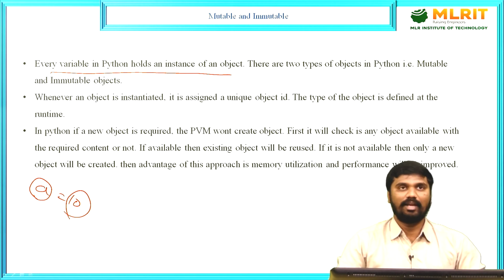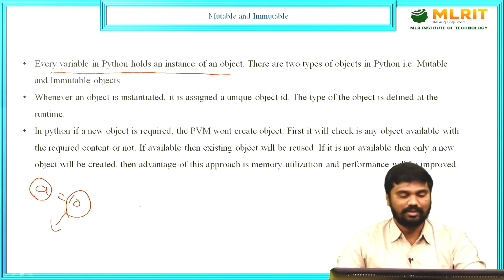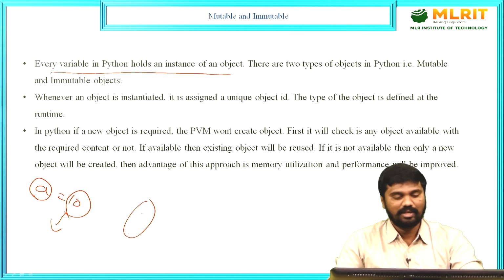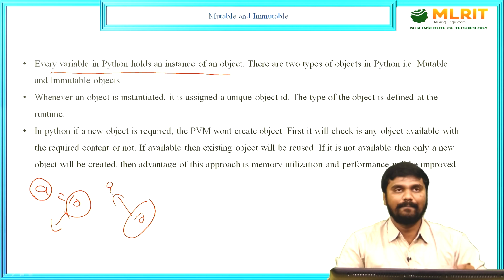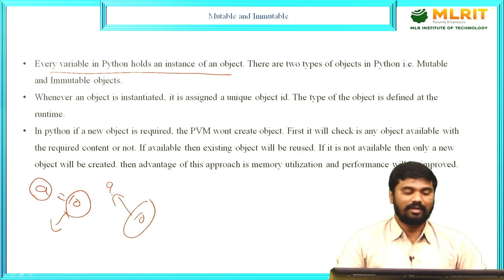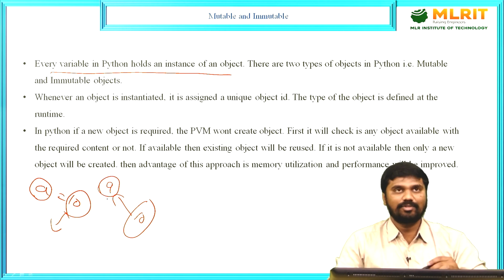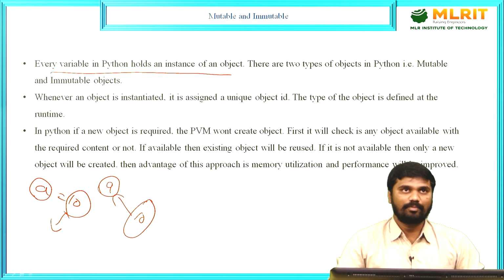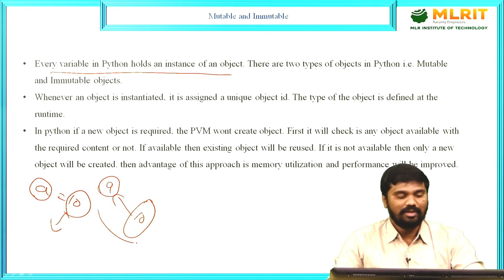So 10 is an object. An object is created, the value 10 is stored, and it is referenced by the variable a. We can say a is the reference variable of the object 10.